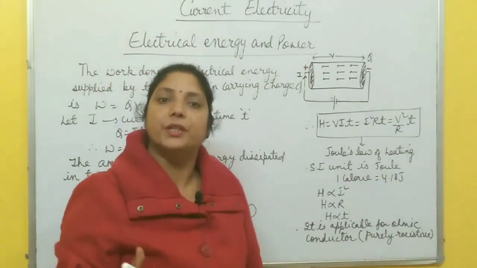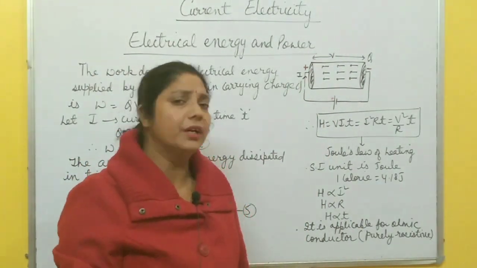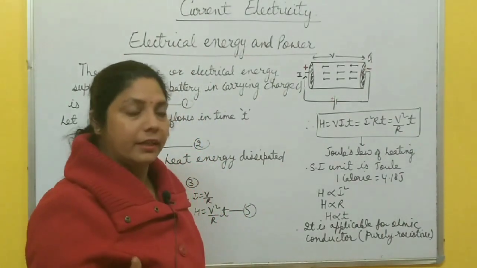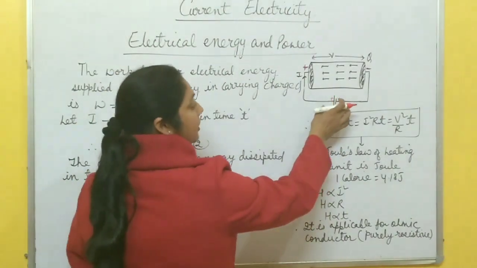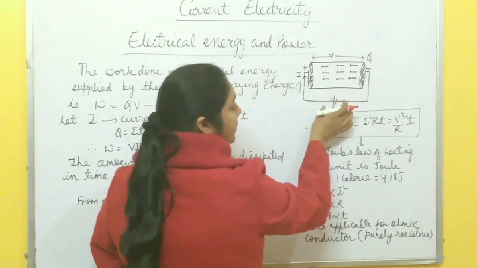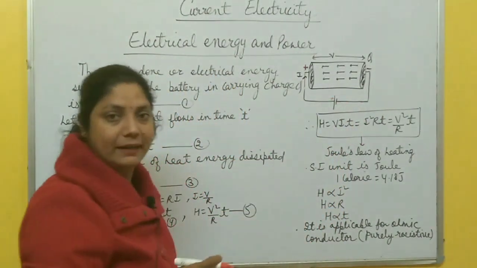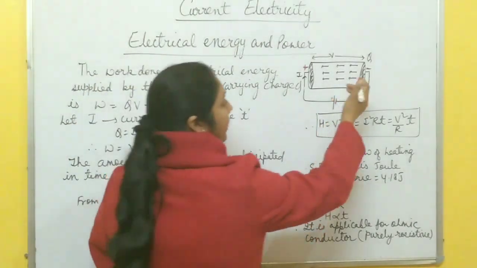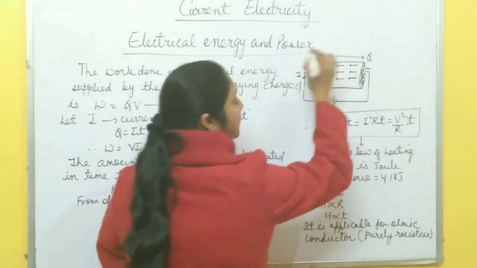Now due to this potential difference, what happens? The electron starts moving and gains some kinetic energy. So whatever energy is supplied by this battery, that is electrical energy, is used in moving a charge from one end to another.